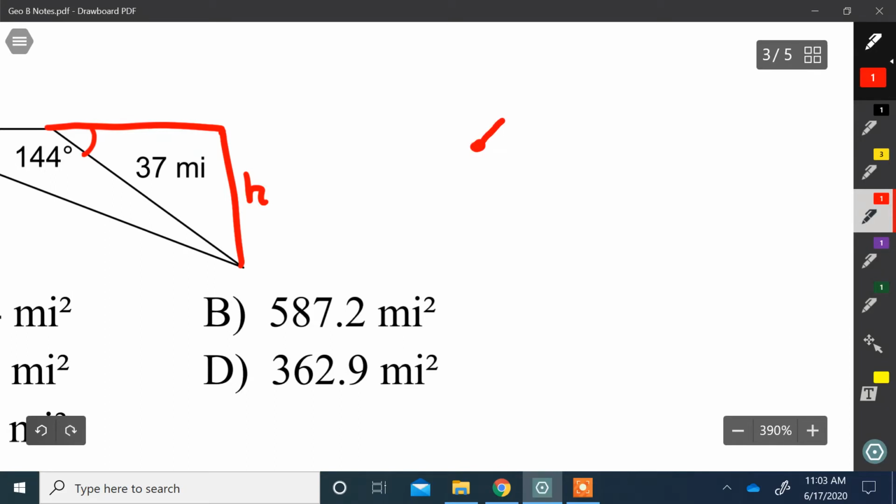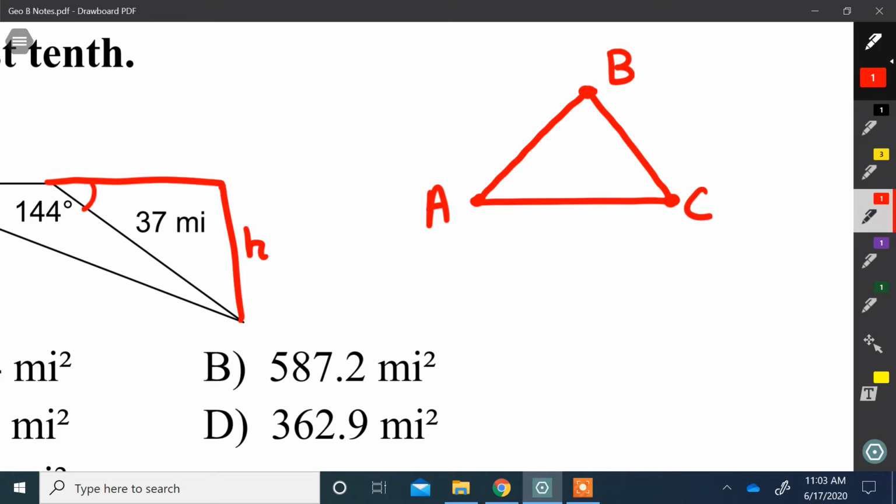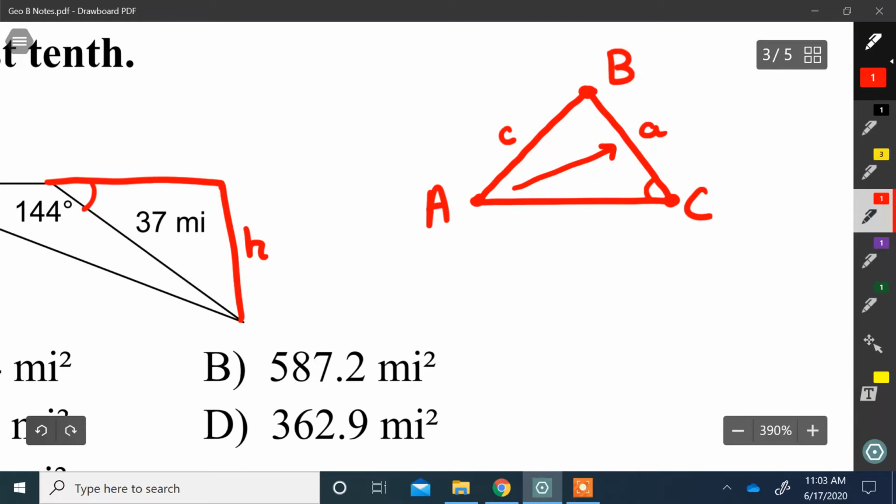If you have a triangle like that, and you have A, B, and C, the opposite sides of each angle are going to be little c, this is going to be little a, and this is going to be little b.